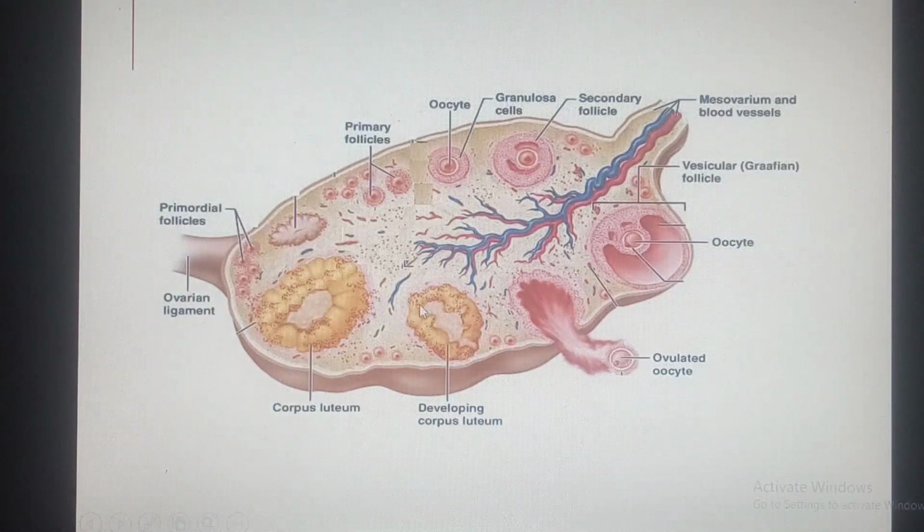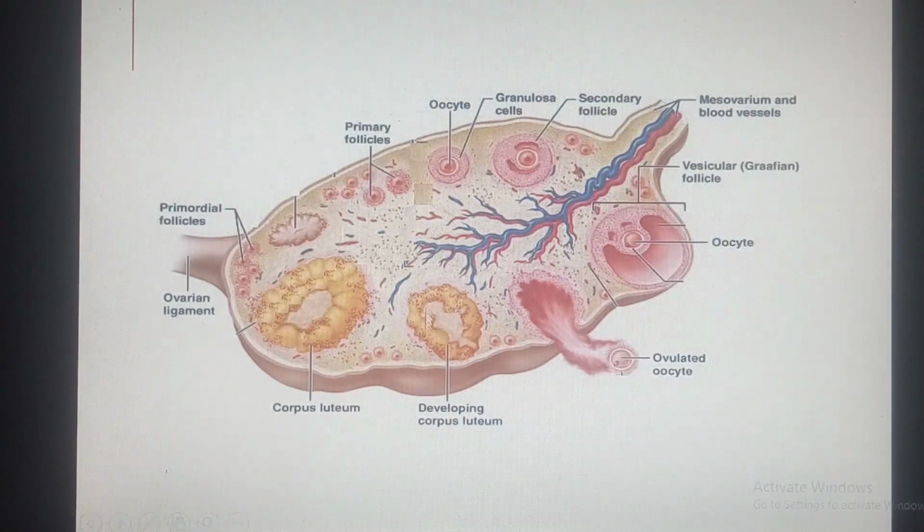These granulosa lutein cells will make a lot of progesterone, which is going to help further thicken the wall of the uterus, the endometrium. But it's also going to make a small amount of estradiol or estrogen.